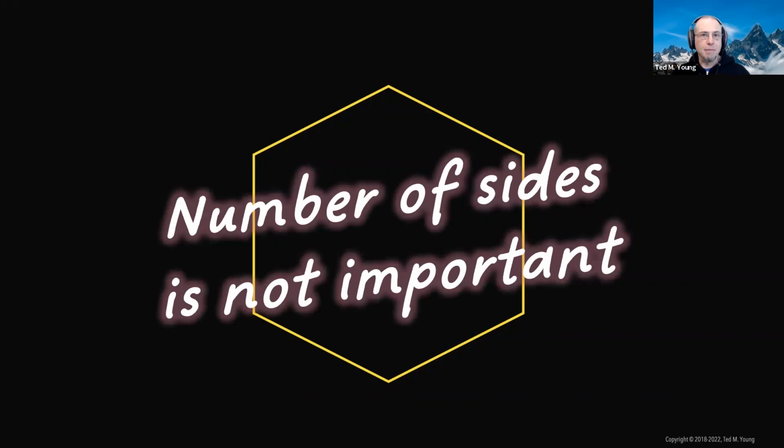But the number of sides is not important. It happens to be the shape has 6 sides, but the number of sides isn't important. I like the fact that it's a hexagon and not a circle, because we'll see these things that we plug into these facets, these faces of the hexagon, I think is really valuable.